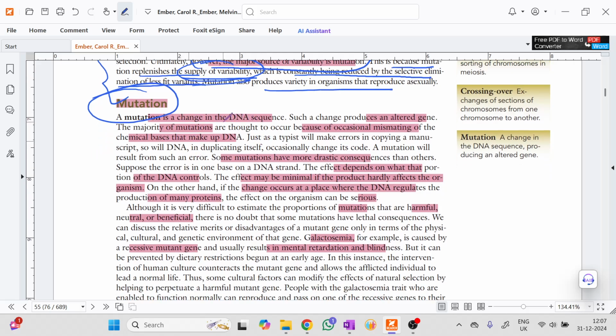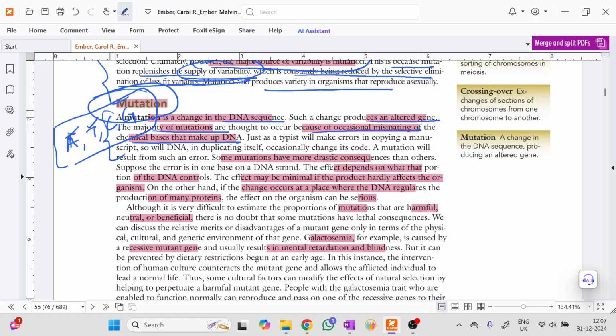So mutation is a change in DNA sequence, and such a change produces an altered gene. The majority of mutations are thought to occur because of occasional mismatching of chemical bases that make up the DNA. Here the thing being talked about is ATCG, the repetitive units.